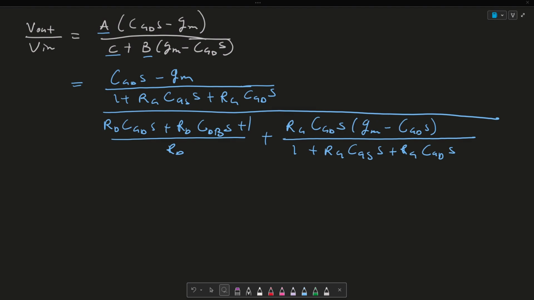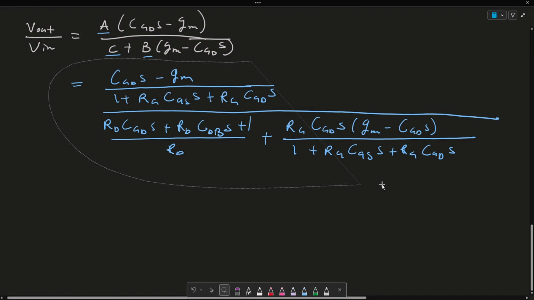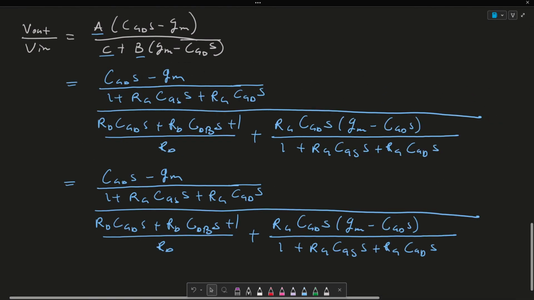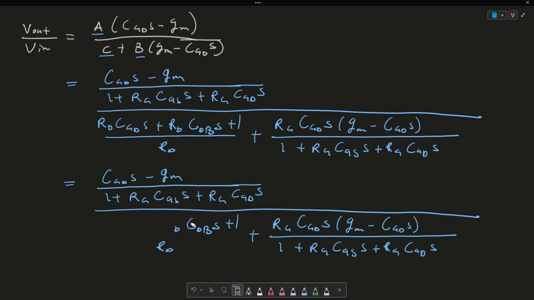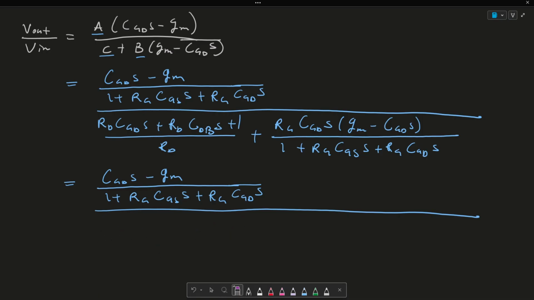Okay, so if we keep on going, what I'm going to do is I'm going to copy this and I'm going to paste it. And what I'll do is I'll erase this denominator. And what I'll do is I'll rewrite the denominator. And it's going to look something like this.